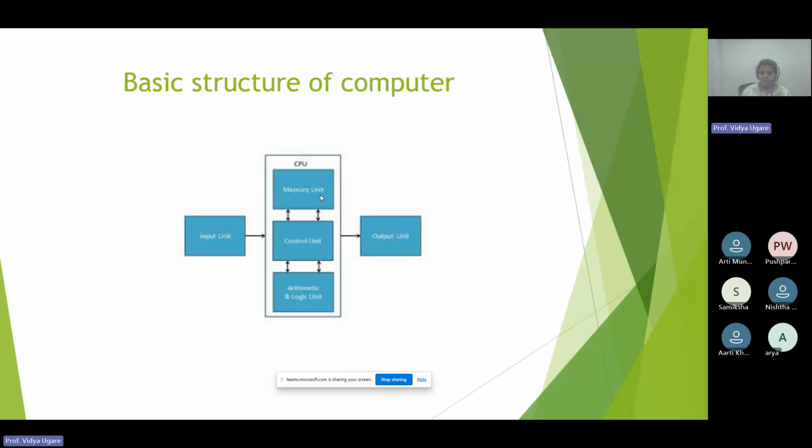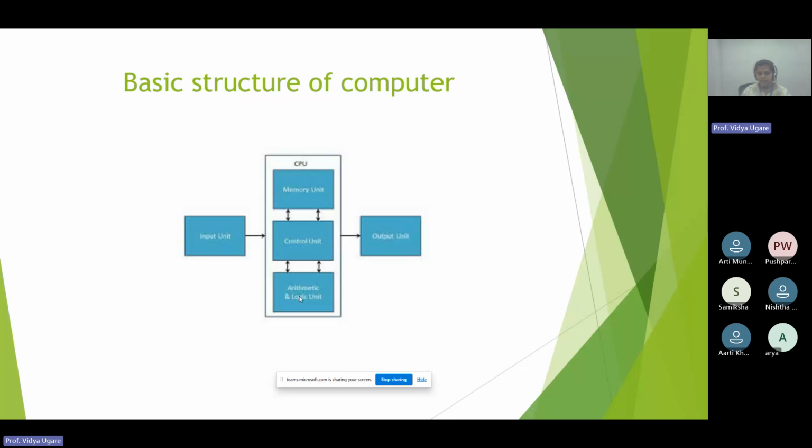Whereas for the control unit and the arithmetical and logical unit, first let me tell you about the arithmetical and logical unit. It helps you perform arithmetic operations like add, subtract, multiplication. These are the arithmetical functions which a computer performs using the arithmetical unit.